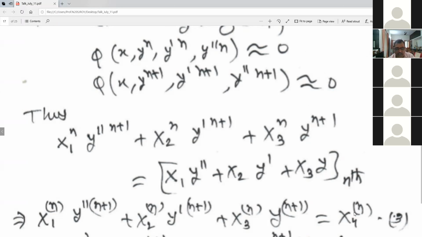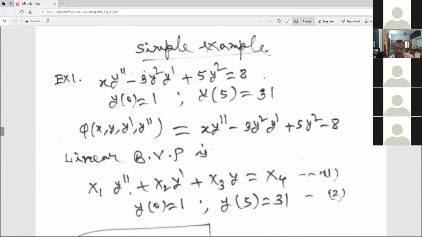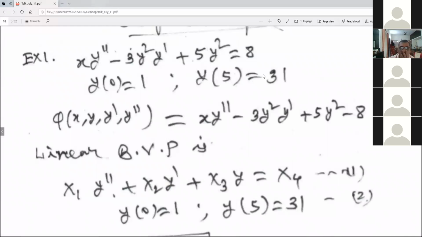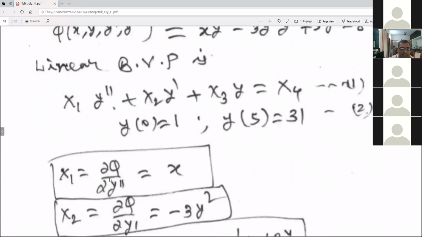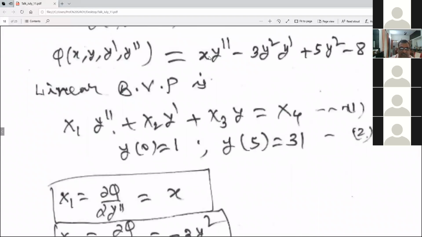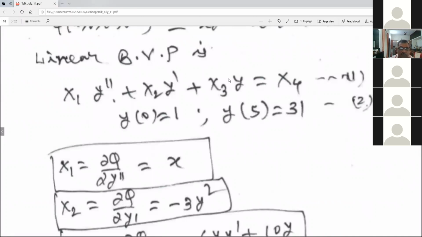Okay. So now we are just doing one more example, that's all. This example I have taken is 5. Now I am calculating x1, x2, x4. If this is phi, the derivative with respect to y double dash is x1, that is just an x. The derivative of phi with respect to y dash is x2.